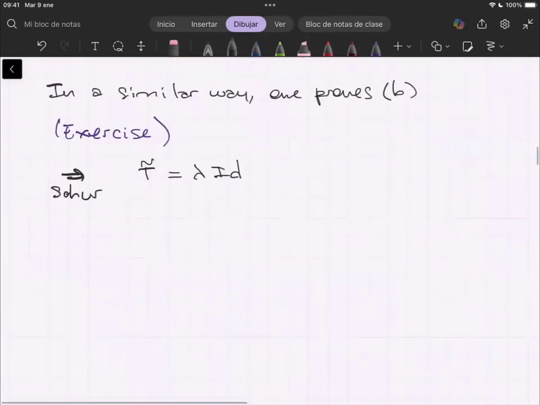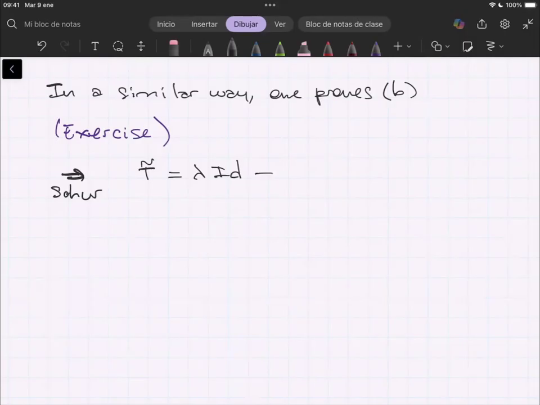Given T, any map T is an intertwiner, so any intertwiner between a representation and itself is a multiple of the identity. So who is this identity? This is the identity we know. How do we compute the lambda?